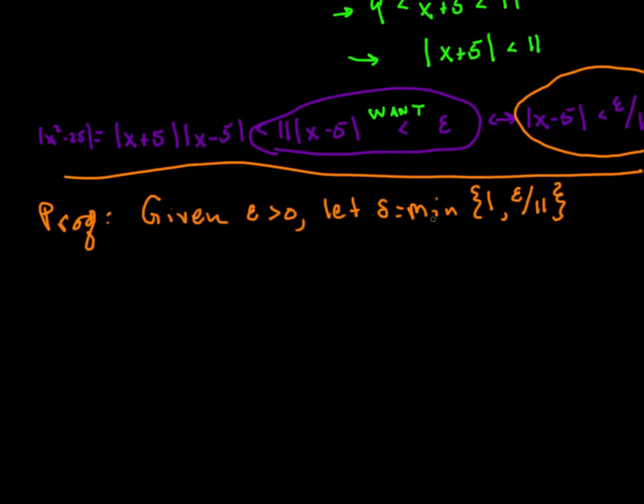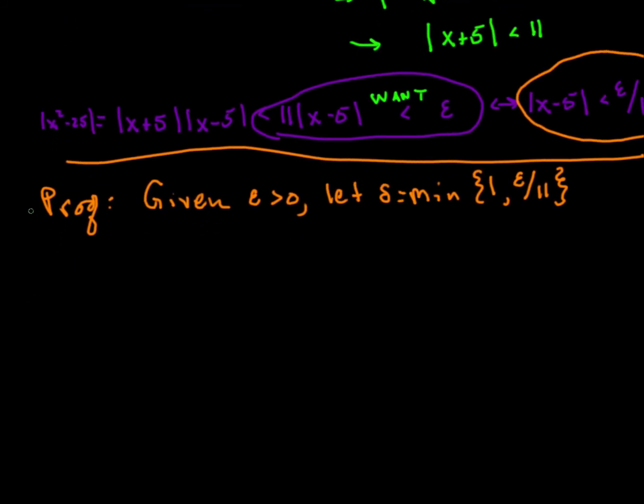All right, what does that tell me? Well, if x minus 5 is less than delta, then first off, we know that x minus 5 is less than 1, because delta is the smaller of these two, or I could say actually less than or equal to 1.